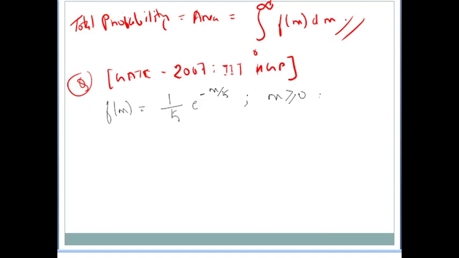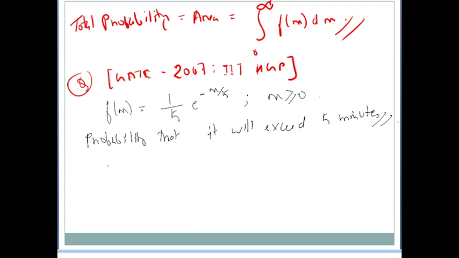Now we are asked to find the probability that it will exceed 5 minutes. What do we know about the exponential distribution?